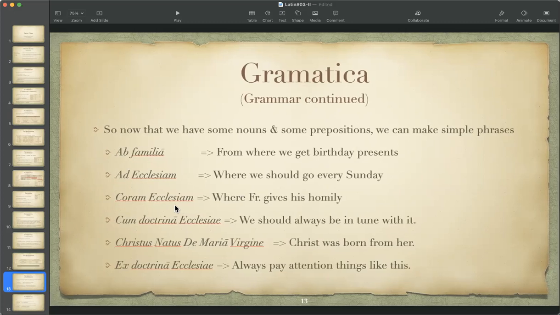Alex brings up a good point. Ecclesia comes from the Greek, and it means just that, assembly. But I would be a little careful translating ecclesia as assembly all the time, because ecclesia catholica is the Catholic Church.